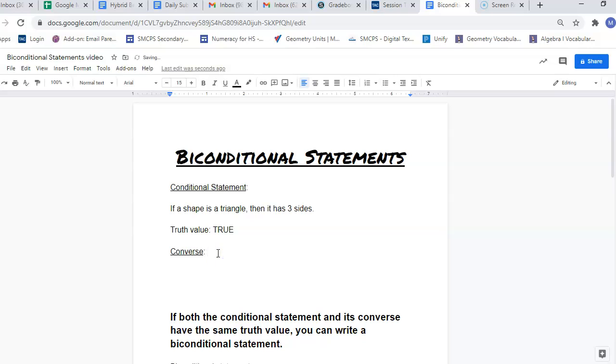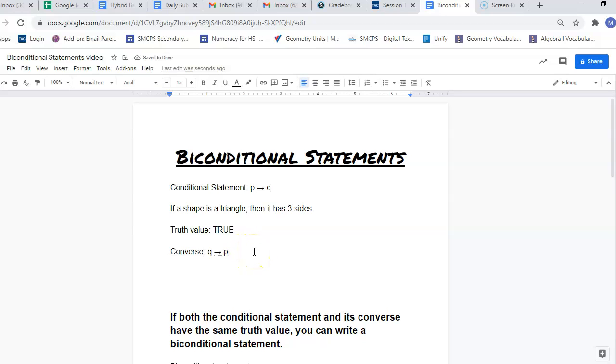All right, now what we need to do in order to check to see if we can write a biconditional statement is we need to look at the converse and see if that's true. Remember, the conditional statement is if P, then Q. The converse is where you switch them. So it's if Q, then P, right?